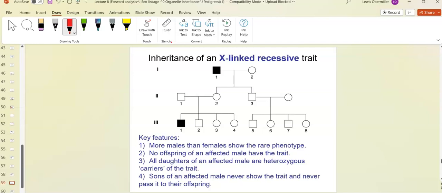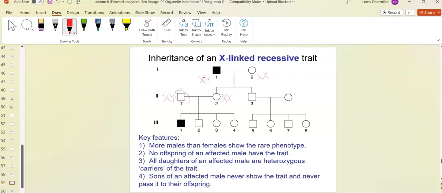So here's an X-linked recessive trait. So we can just do this. This male has it, right? And this is a female. She's going to be a carrier. She has to be, since her father has to give her this X. This we assume is a normal individual, and it's shown as normal.